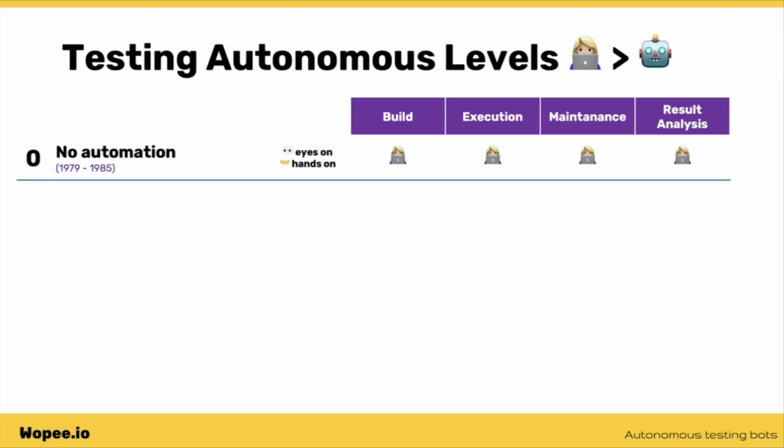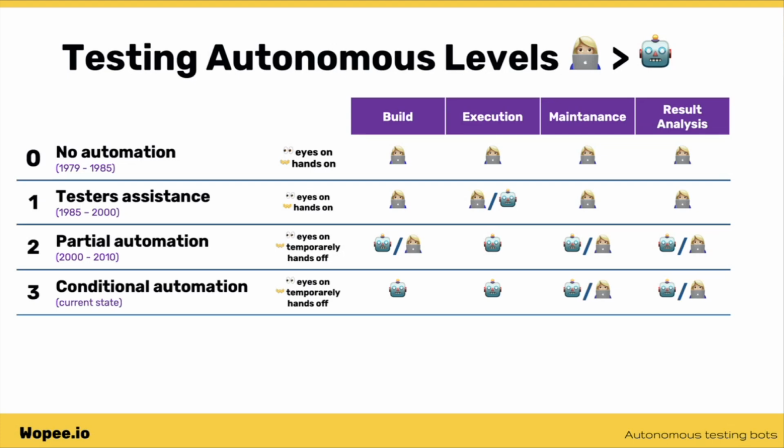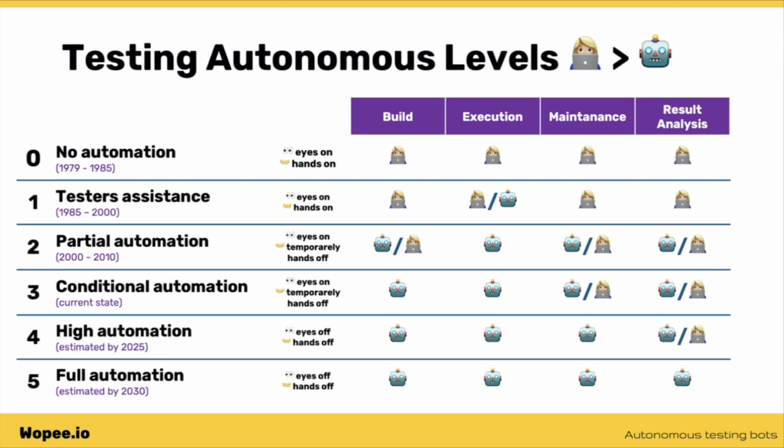Manual testing is autonomous testing level 0, and then we have tester assistance, partial automation, conditional automation, high automation, and then fully autonomous testing. And with these AI agents, building automated test tools is super easy. I'll show you some demos soon on how to do that.